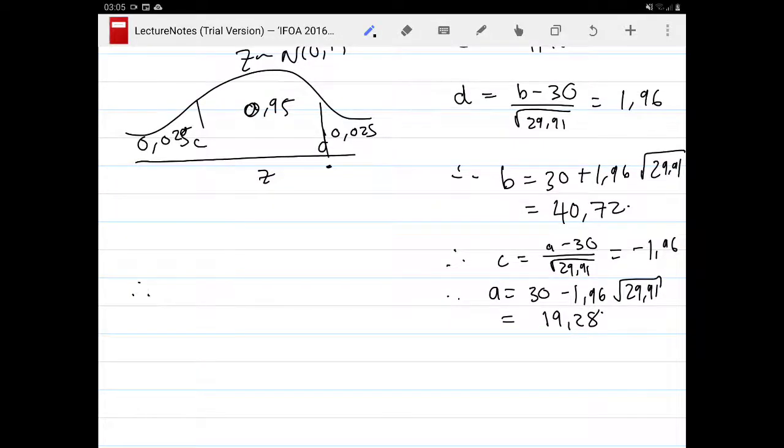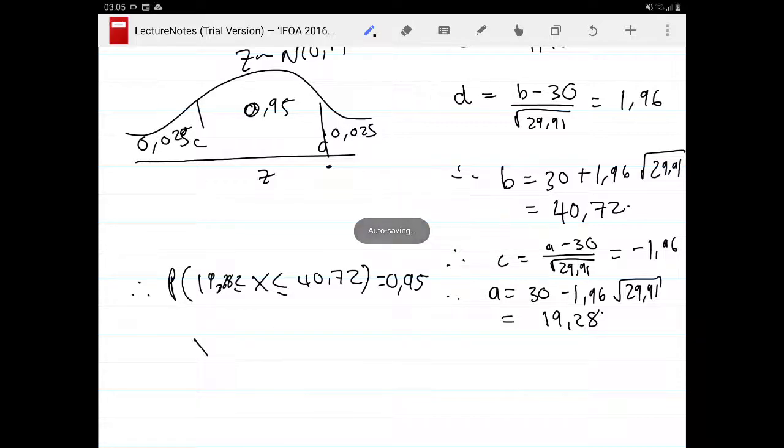So now we have this probability that X is between 19.28 and 40.72, and that probability is 0.95. Basically what we've created is this interval: X is in the interval 19.28 to 40.72, right?